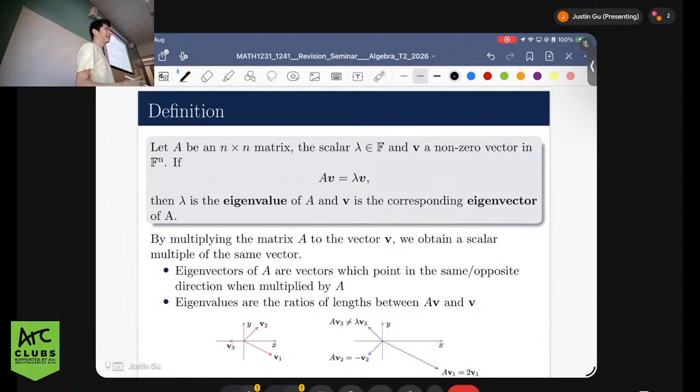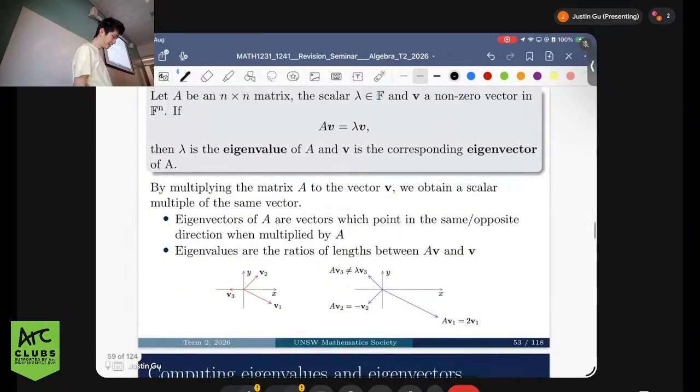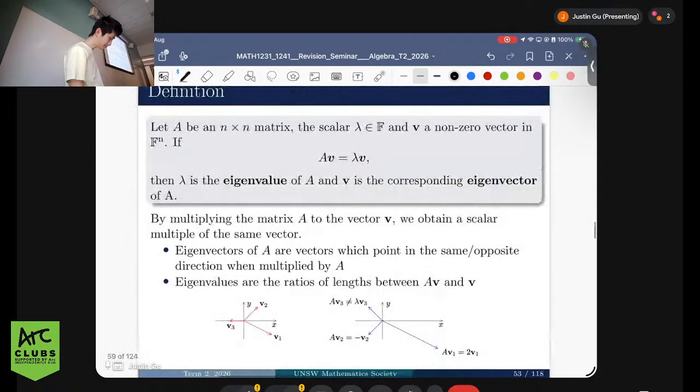You can view matrices as having some spatial transformation of some Euclidean space, for example in 2D, where eigenvectors are the vectors that just get sent to a scaled up, scaled down, or potentially flipped version of themselves in that space, right?